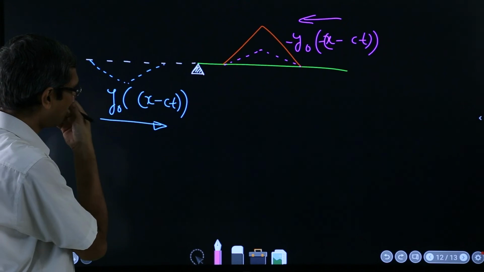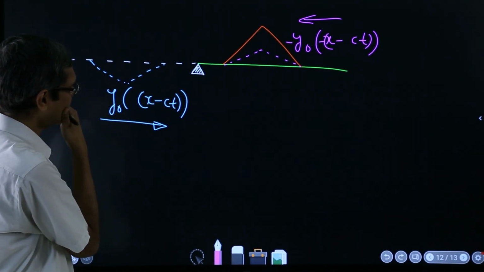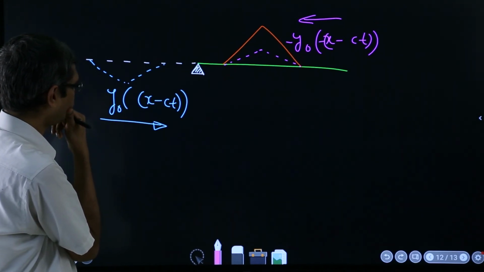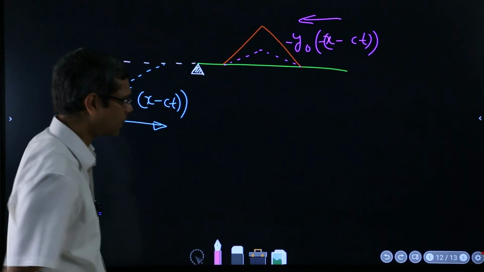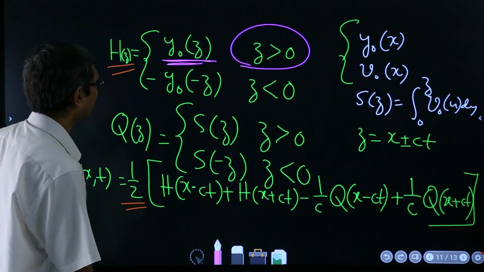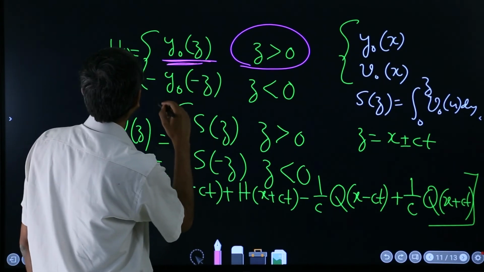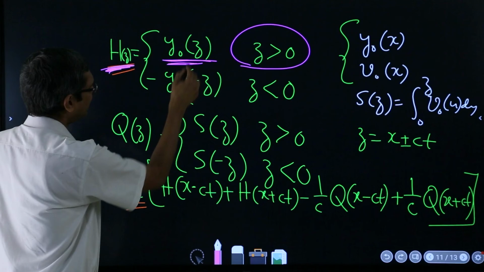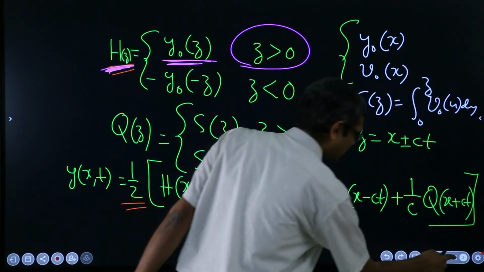Just a minute. Let's see what mistake we have made. We have drawn only one part. See, this h of z has both the components, right? Thank you for that.